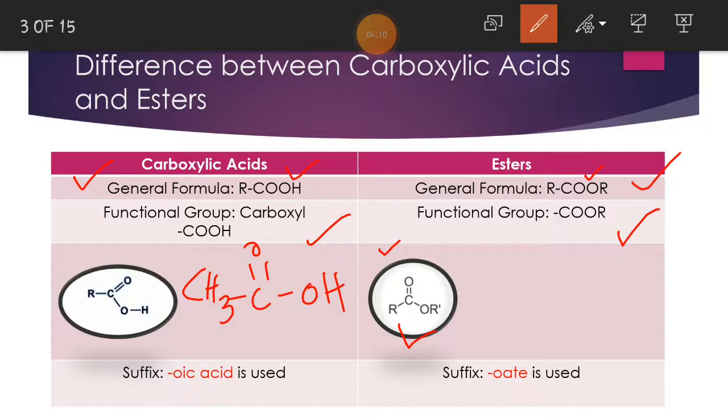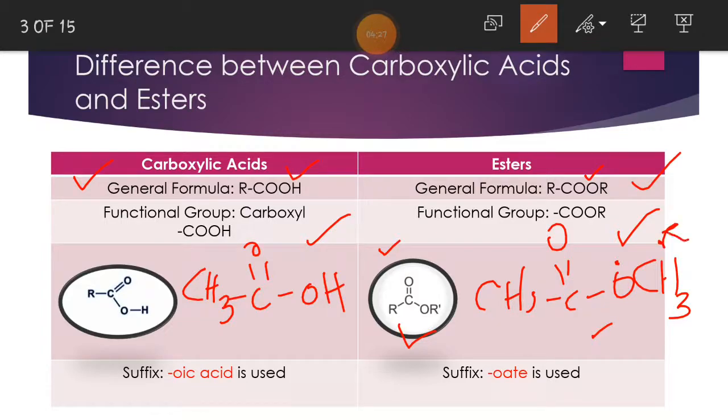We have discussed it in our previous lecture. So if they are the same, then we have a structure like this. This is an ester because here this oxygen atom is attached to an alkyl group. And in the carboxylic acid, this oxygen atom is attached to a hydrogen atom.